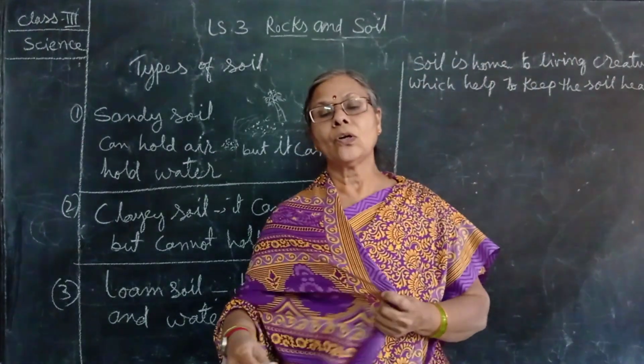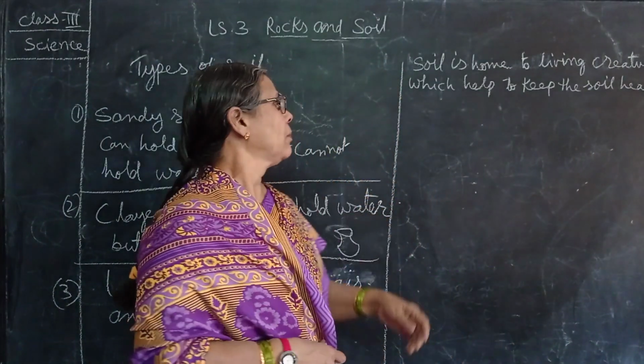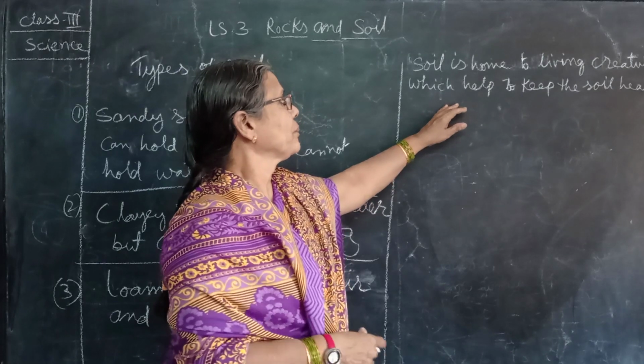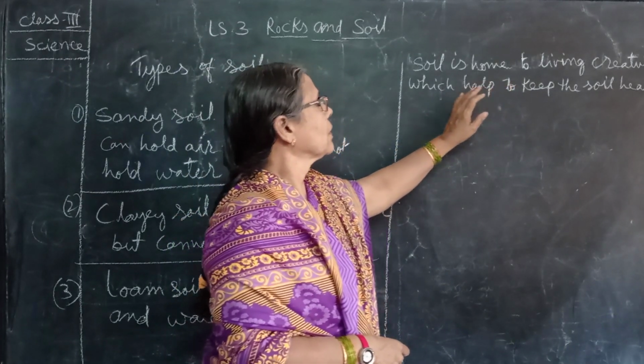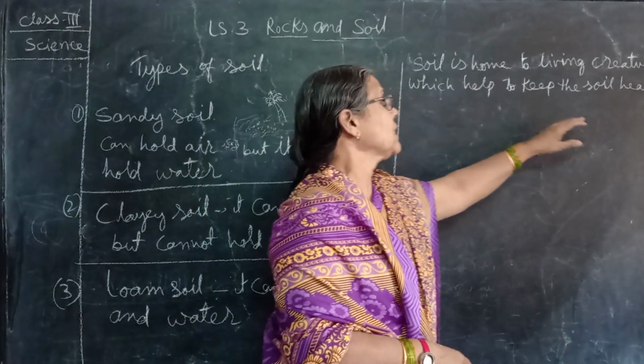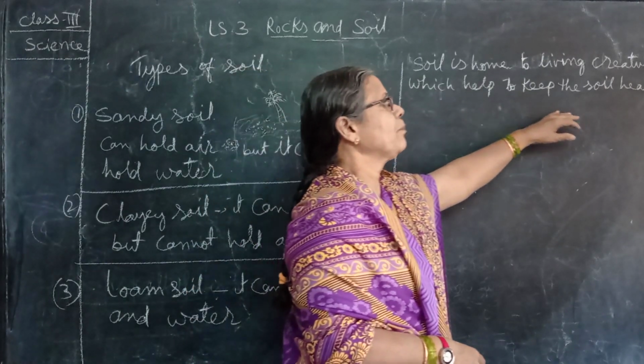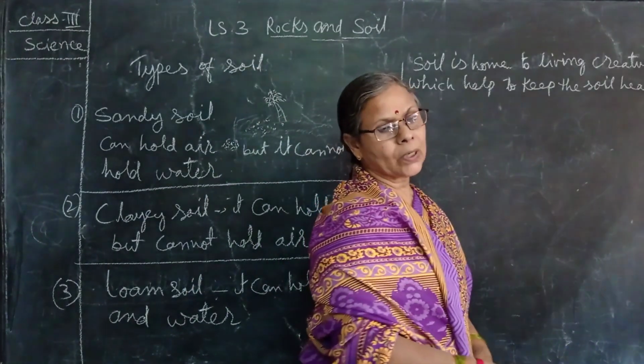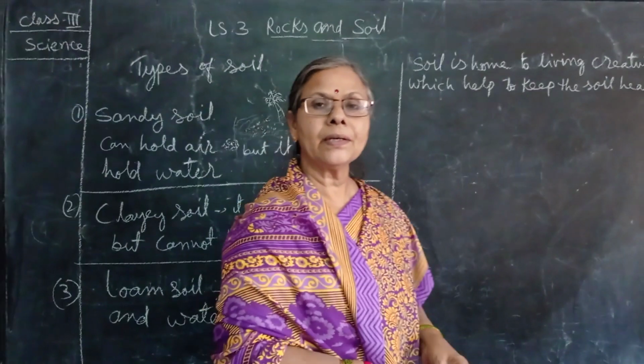Soil is not only for the plants, but it is a home. Soil is home to living creatures which help to keep the soil healthy. What are the creatures that are living in the soil?